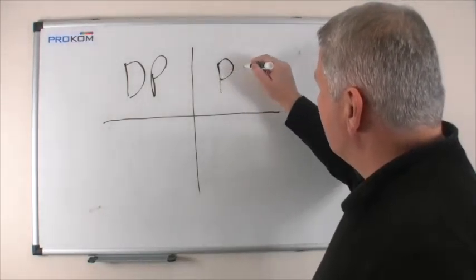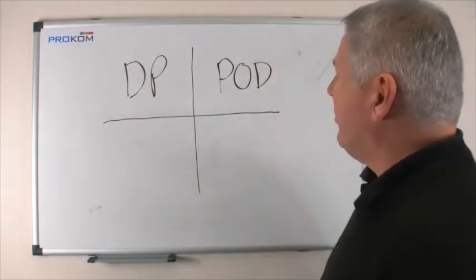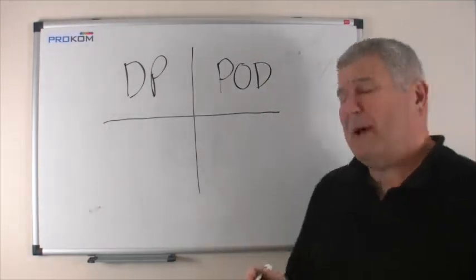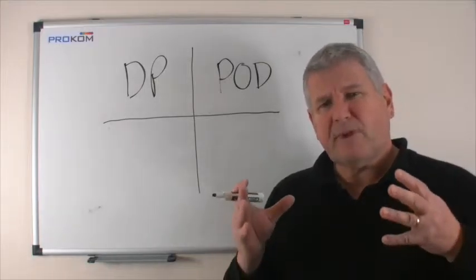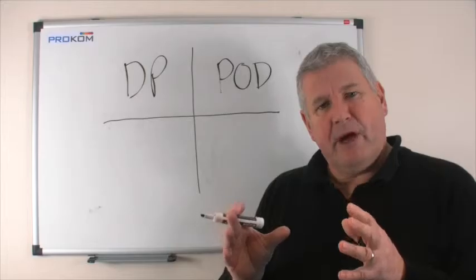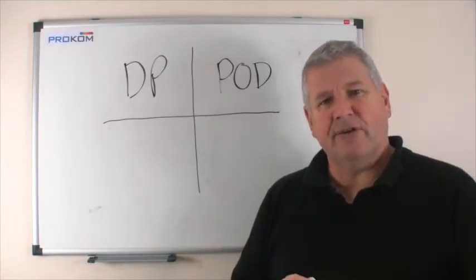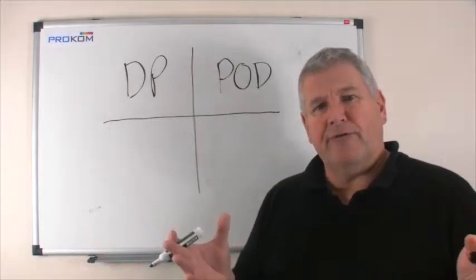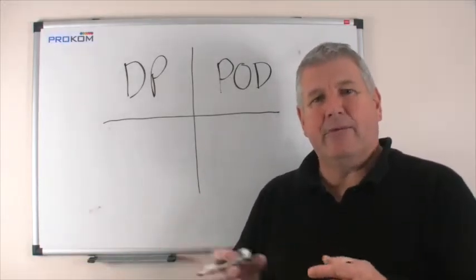So when we move over to the top right quadrant here, we talk about print on demand. Now, when we're talking about print on demand, we need to understand a little bit more about our customers. They might want to keep just-in-time stocks. They may have a range of different products that they want to call off and print on demand when they require them.